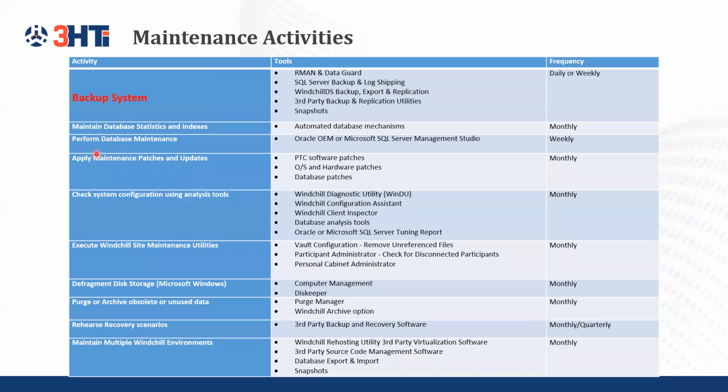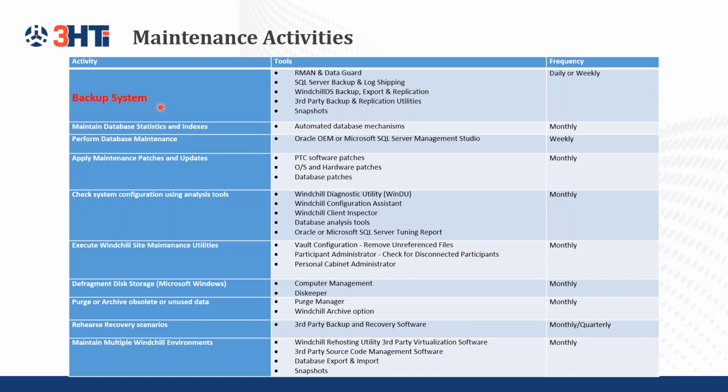And here, backing up the system is by far the most important item here. Ensuring that you have every piece required in order to properly do a recovery is very important.